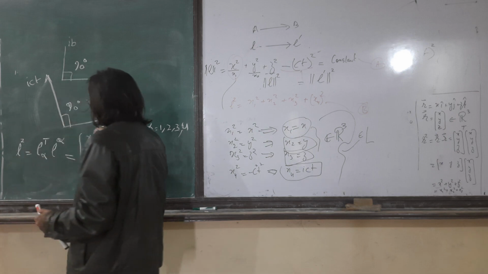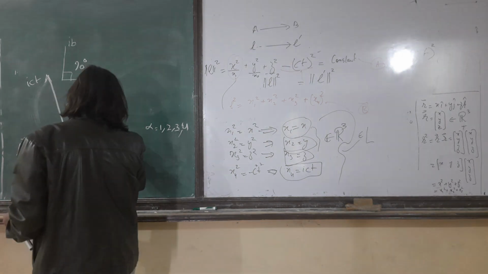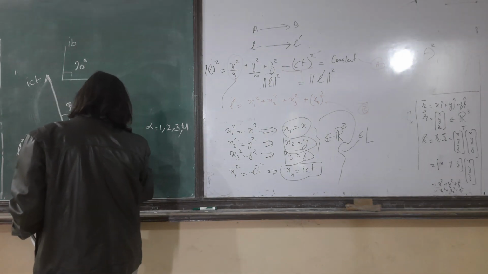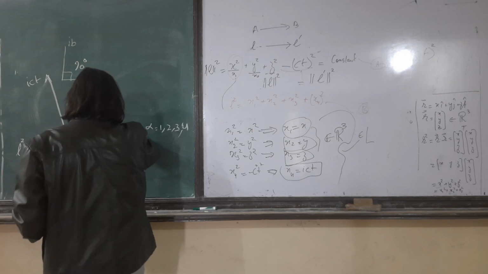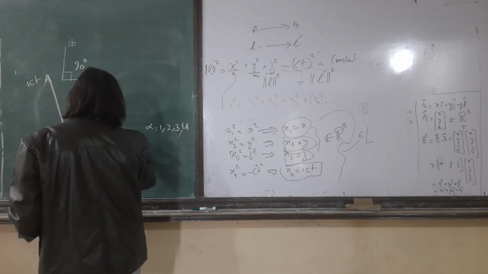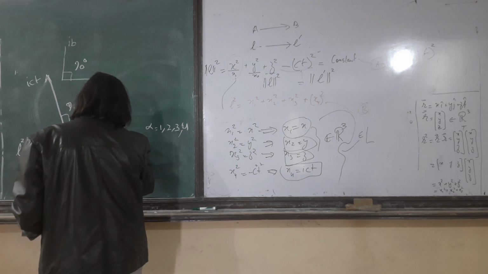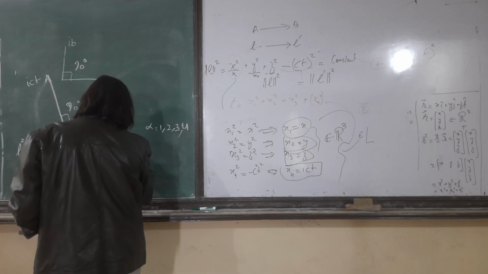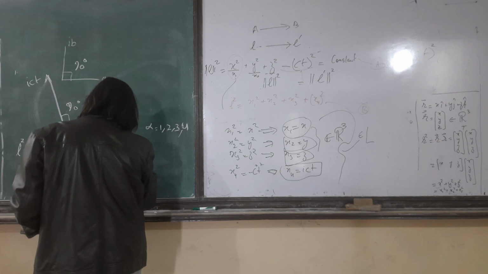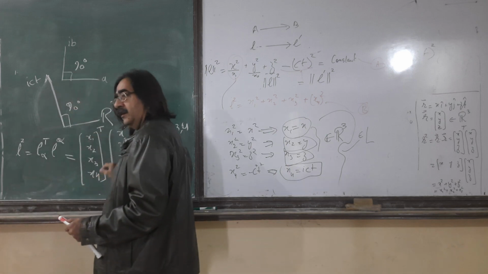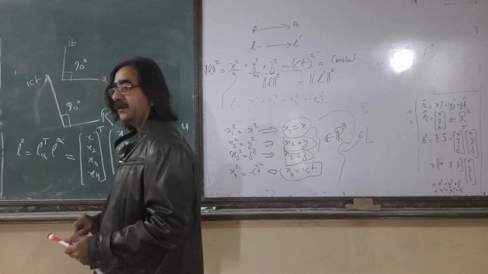Here will be a transpose in row x1, sorry, that is wrong. x1, x2, x3 and x4. These will be covariant and this will be contravariant.